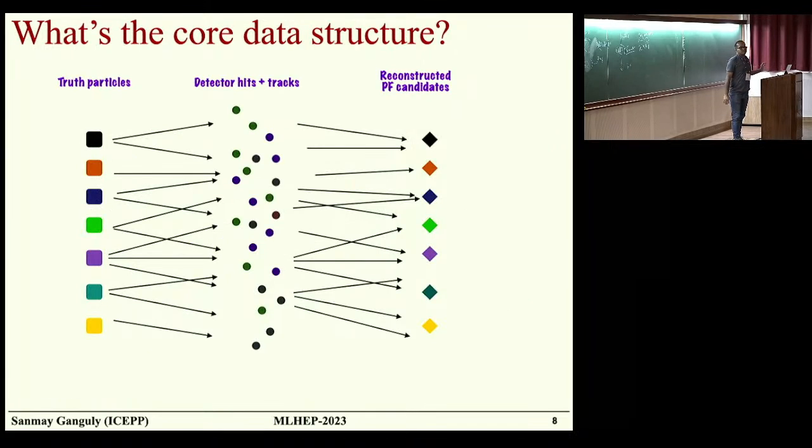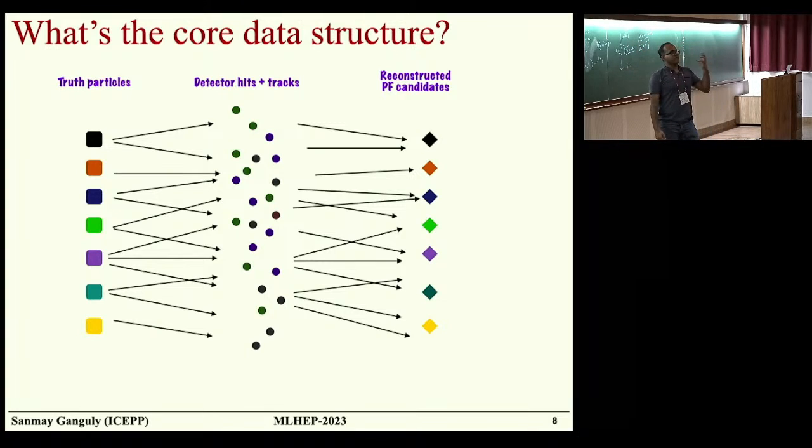Another structure, which is now my favorite, I'm interested in a problem called particle flow. There, what we experience is that when a truth particle enters the detector, the signature it leaves is some detector hits and track hits. If you have seen an event display, you will see this. What we try to do is to collect this information, club a subset of them, and form reconstructed objects.